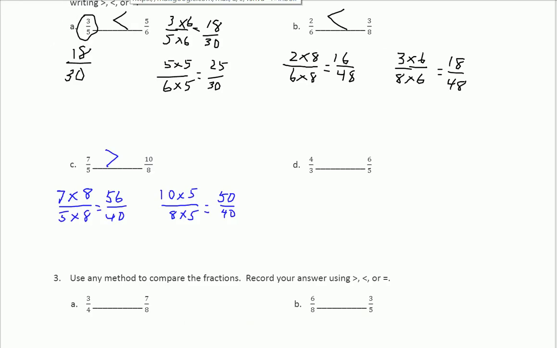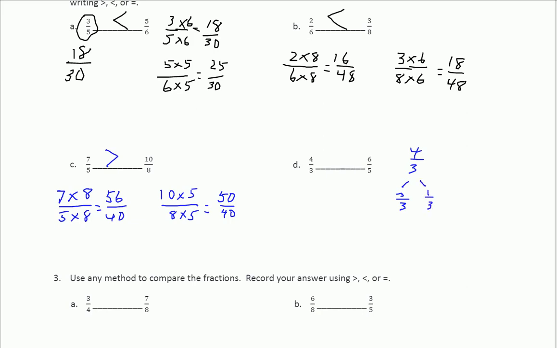Hey, wait a minute. You said do C and D. Well, I'm going to show you a little bit differently on this D, only because we have more than one whole on both of those. I'm going to change that 4/3 with a bond into 1 whole, so we have 1, which is 3/3, and 1/3, okay, 1/3.